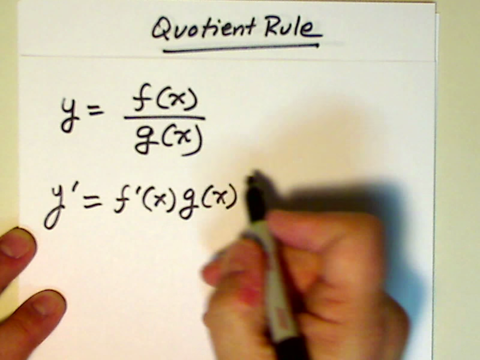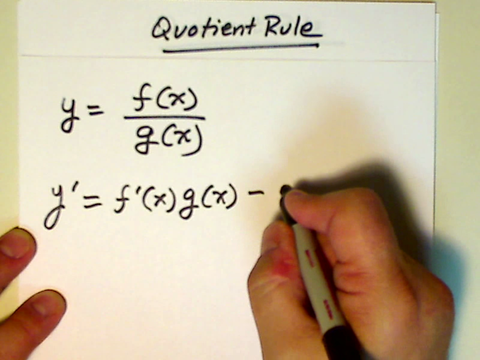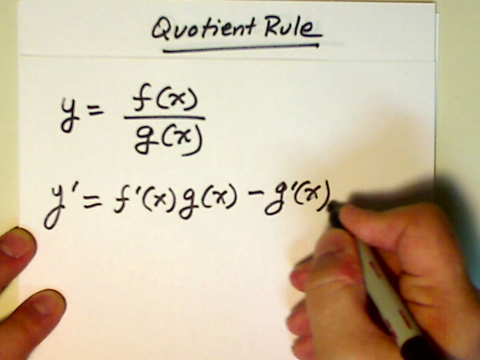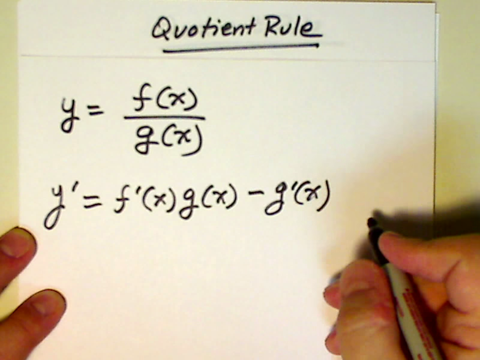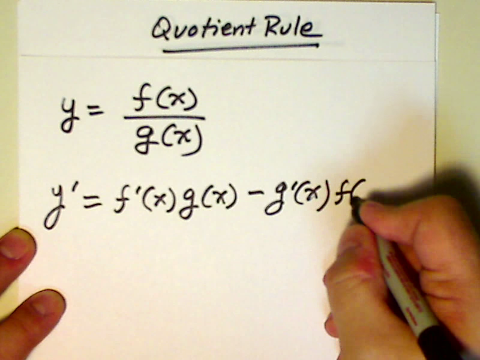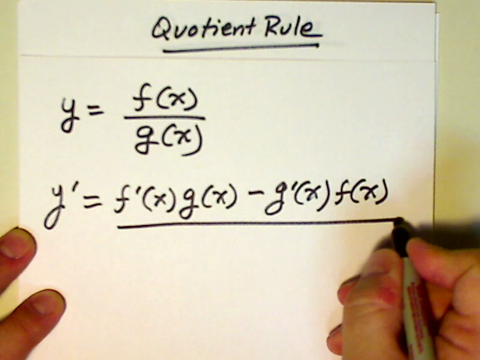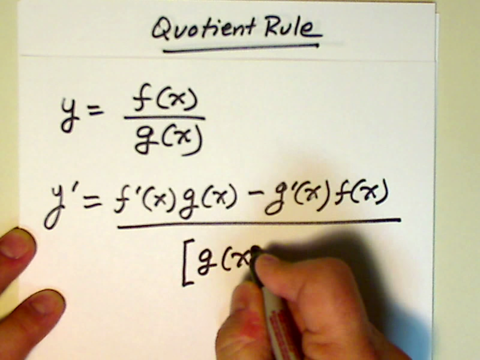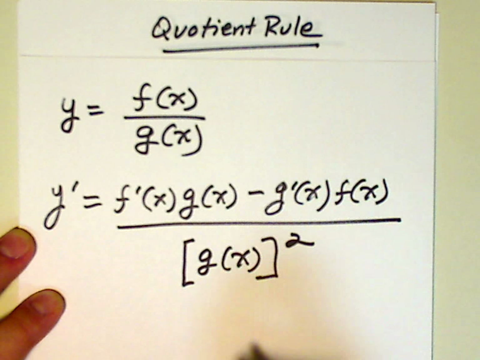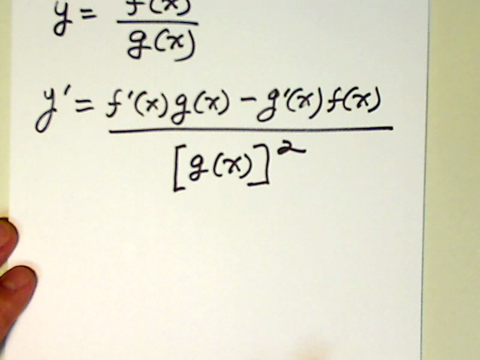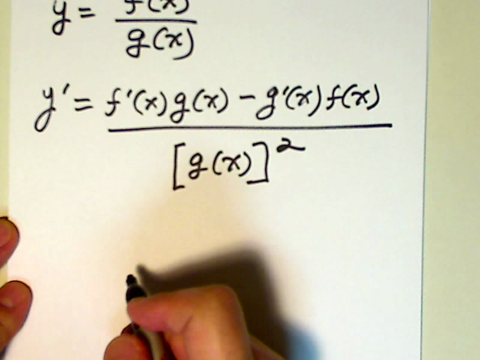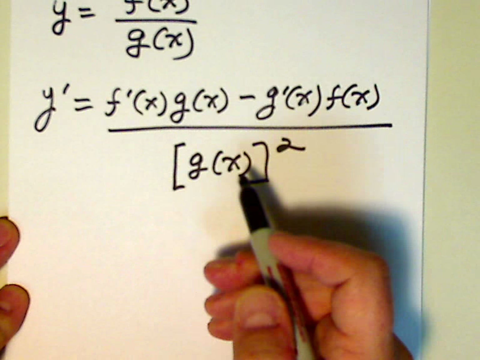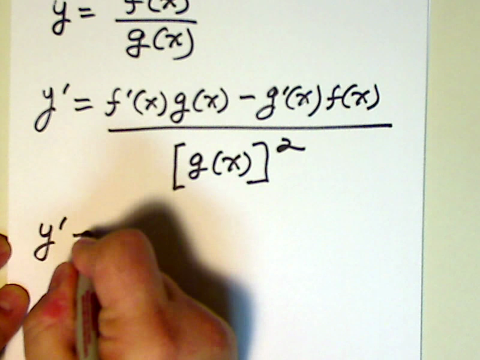Then we're going to subtract off the derivative of the denominator, multiply that by the numerator, and then divide this whole thing by the denominator squared.